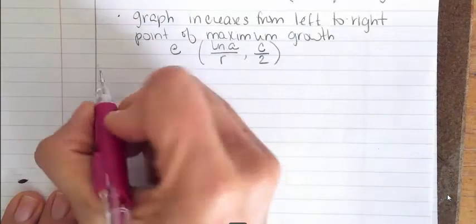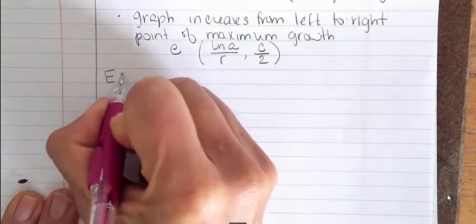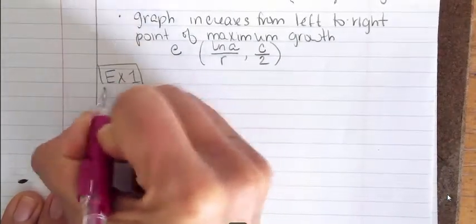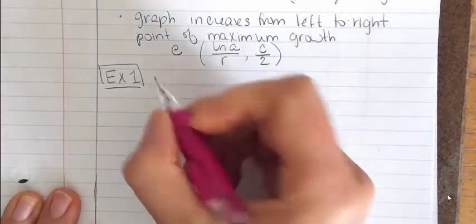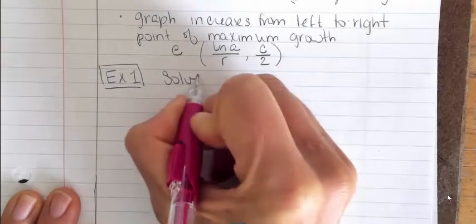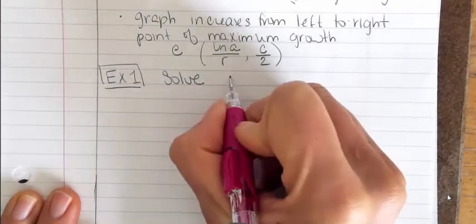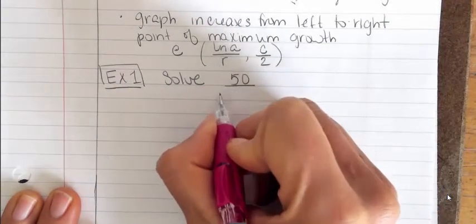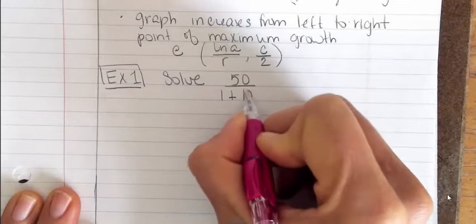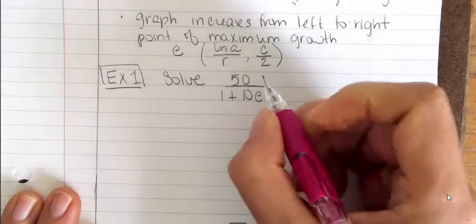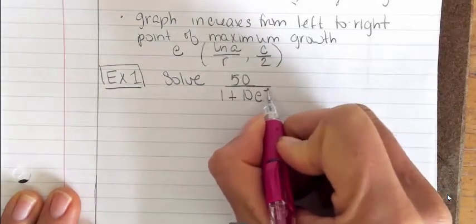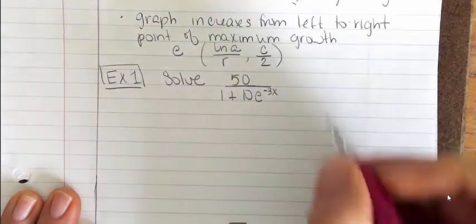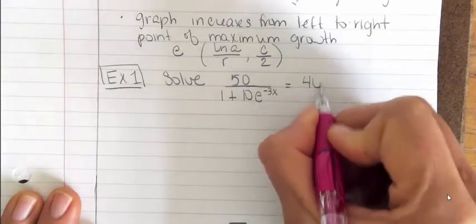All right, so example 1, which is actually example 3 in your book, we're going to solve the logistic function 50 over 1 plus 10 times e to the negative 3x equals 40.